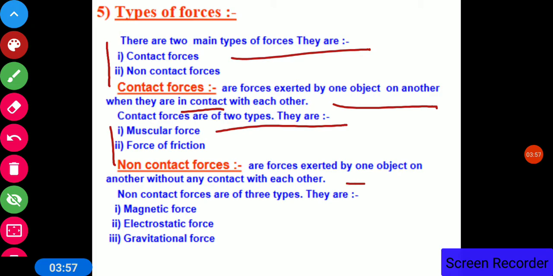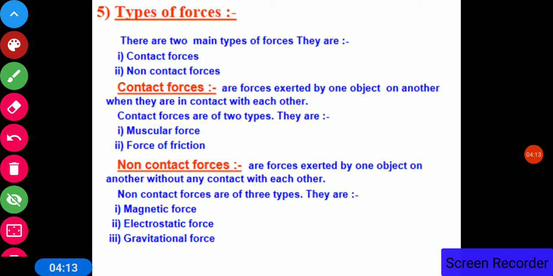Non-contact forces are exerted by one object on another when they are not in any contact with each other. For example, the magnetic force, electrostatic force, gravitational force. You can see in your daily life that whenever you touch any object, you apply force on it by using muscular force.